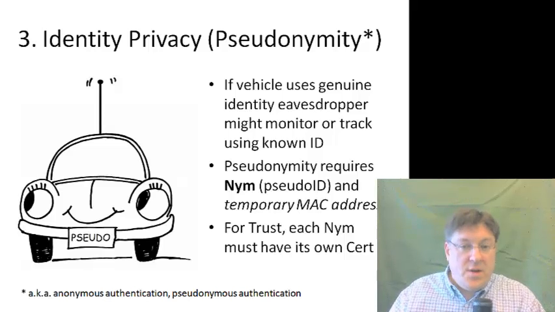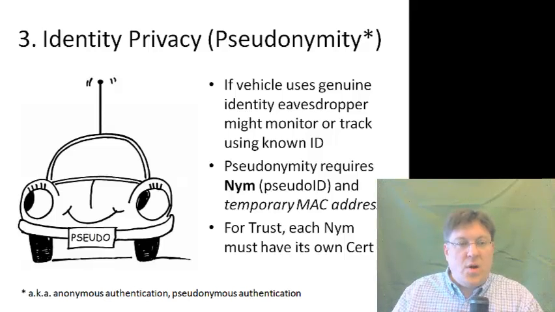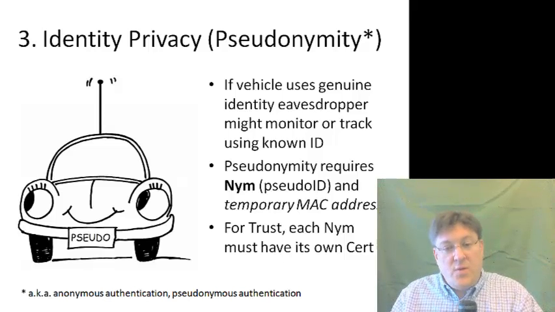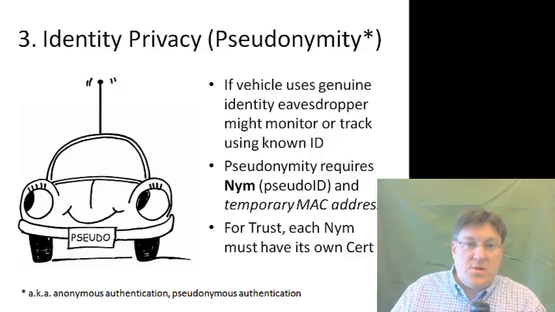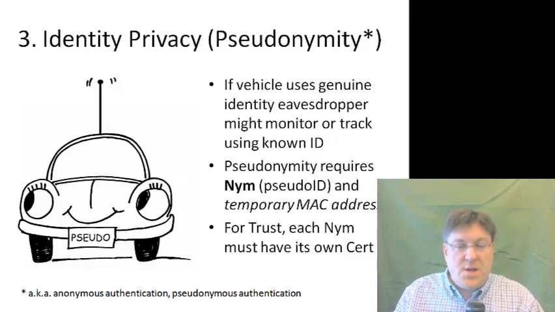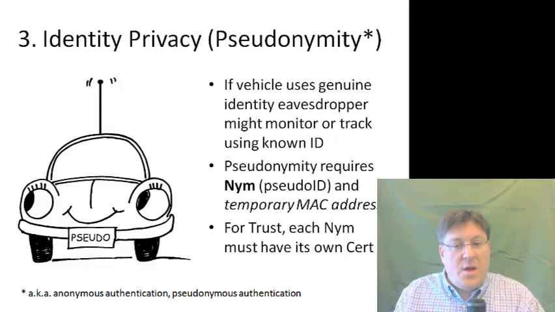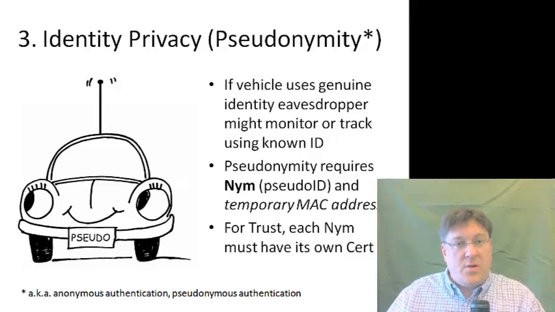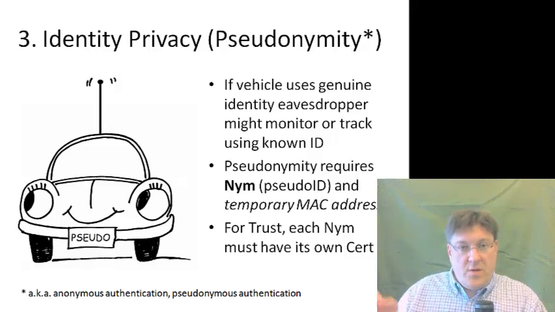Of course, in order for these pseudonyms to work, there has to be a pseudonym issued, and each one of those pseudonyms has to have its own digital certificate so that it can sign the messages. The other thing is it has to have a temporary MAC address. So the current standards call for each pseudonym to have a certificate and a temporary MAC address, not like a regular computer or a regular host that has a unique MAC address.